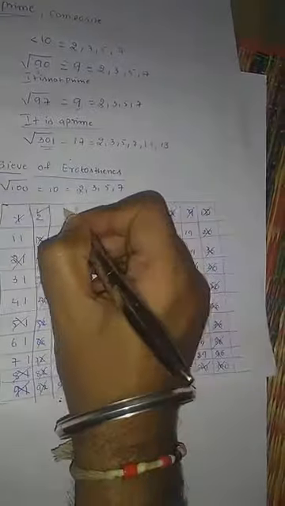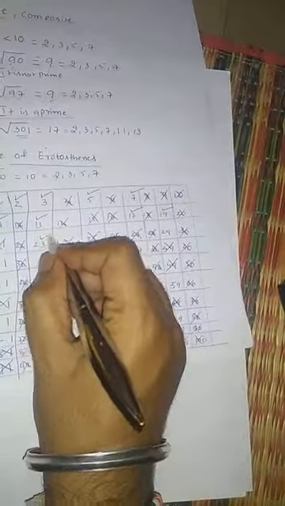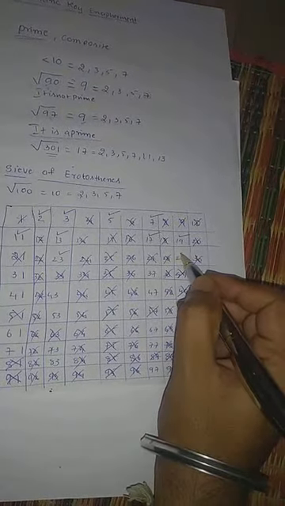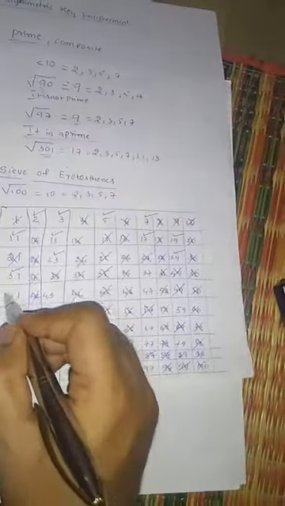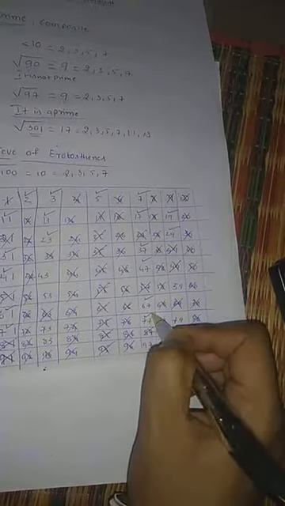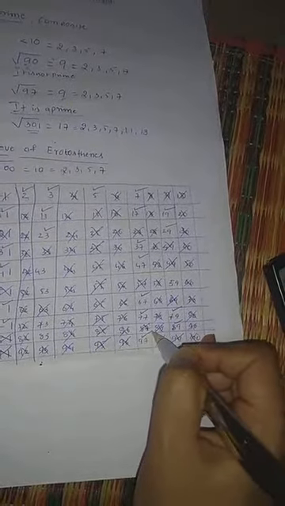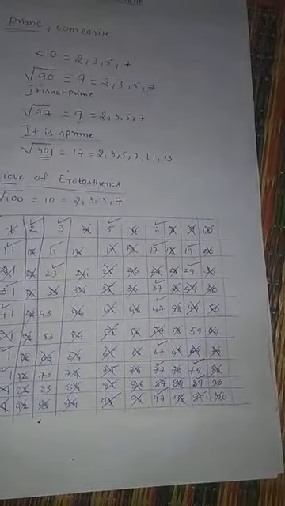Select 2, 3, 5, 7, 11, 13, 17, 19, 23, 29, 31, 37, 41, 47, 61, 71, 67, 77, 79, 89, 97. So these are the numbers which are called prime numbers.